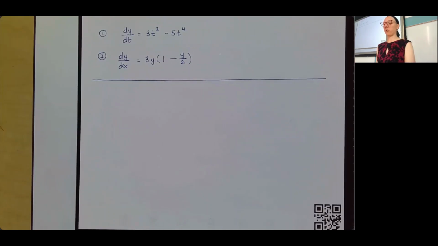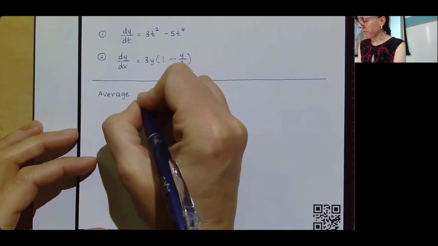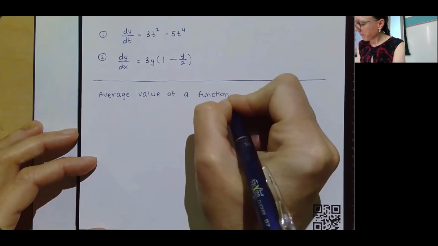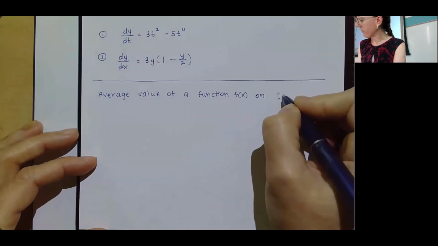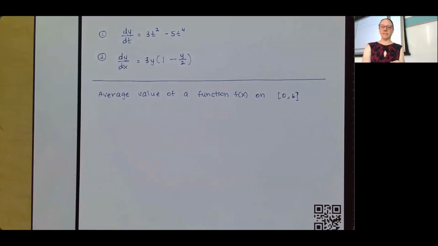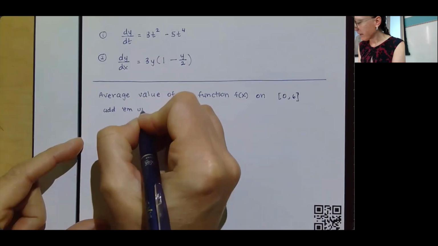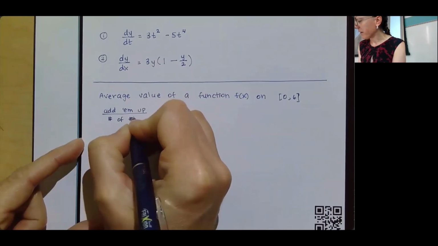Well, really an integral is just a way to add things up. So if I want to find the average value of a function, f of x, on the interval from, let's say, 0 to 6, then I'm going to apply that same idea: add them up and divide by the number of numbers.